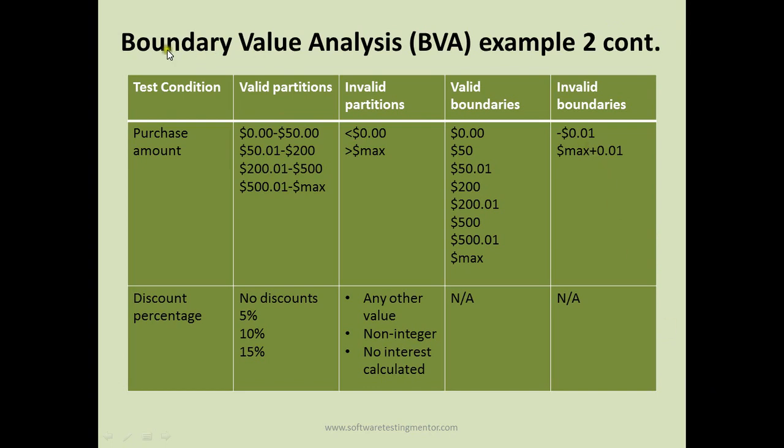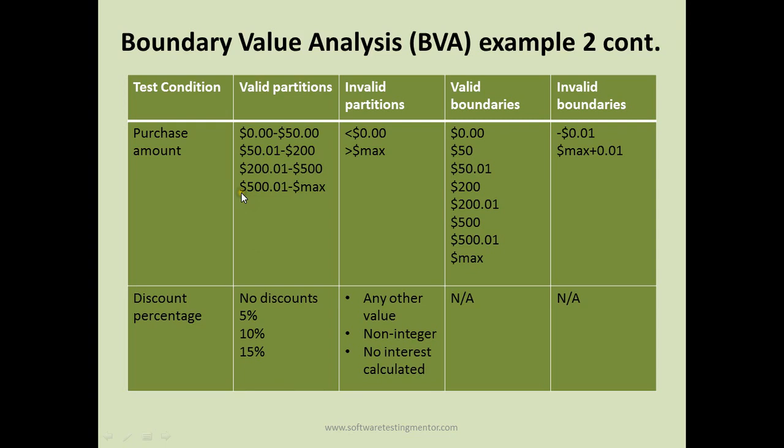Here, the test conditions are the purchase amount and the discount percentage. We have seen that there are 4 valid partitions. The first valid partition was between 0 and 50, wherein no discounts were offered. Another valid partition was between 50 and 200, wherein 5% discounts were offered. The third valid partition was between $200 and $500, for which 10% discounts were offered.